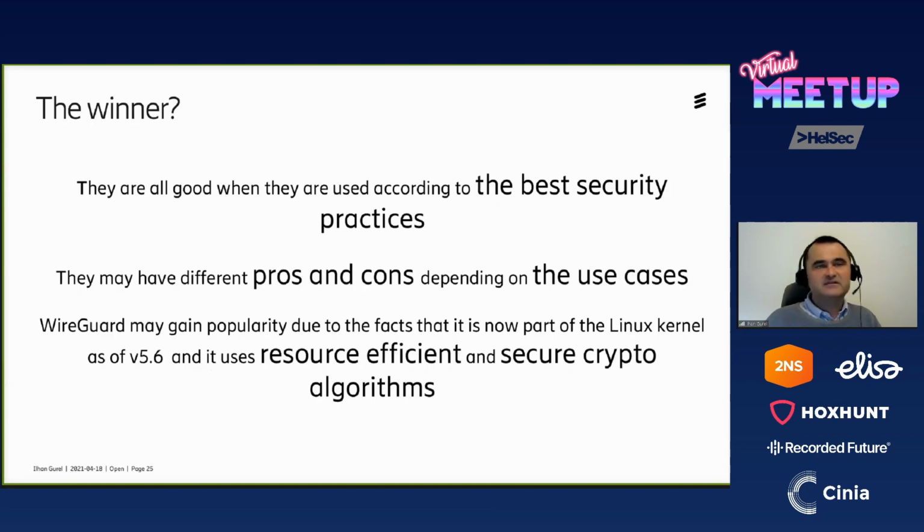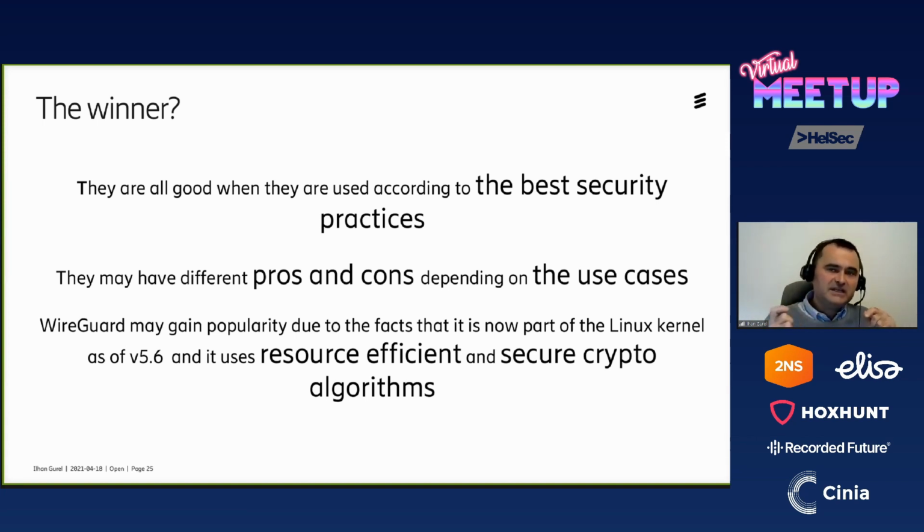So the winner, that's my personal opinion, folks. I would love to see your comments in the chat. What do you think? Do you think that is the winner? But to me, first of all, TLS and DTLS are application-specific protocols, whereas VPNs can be transparent to applications.